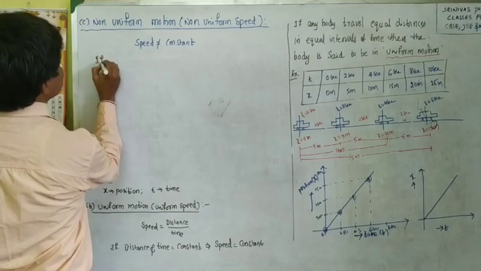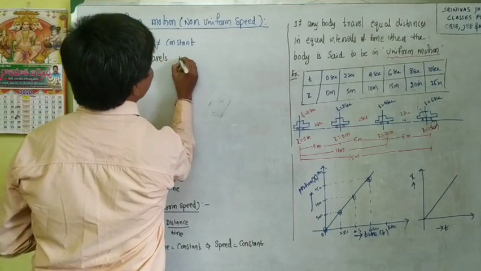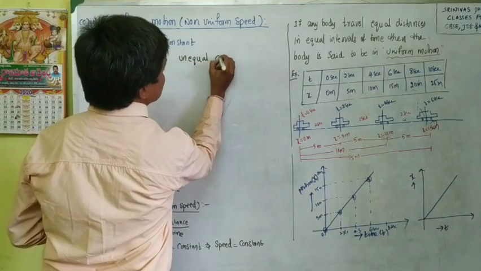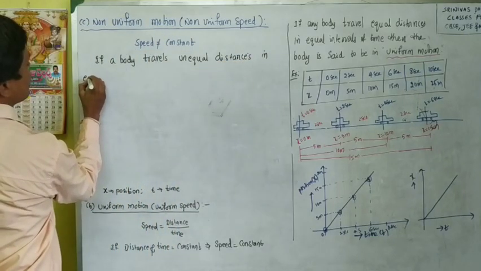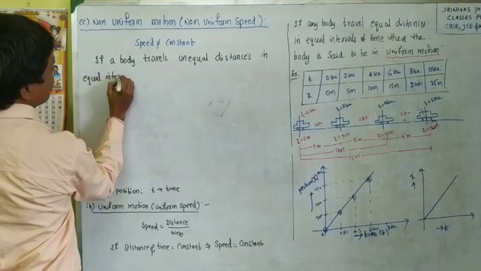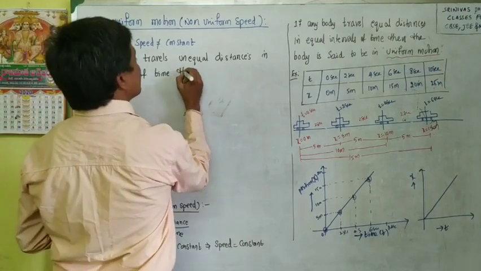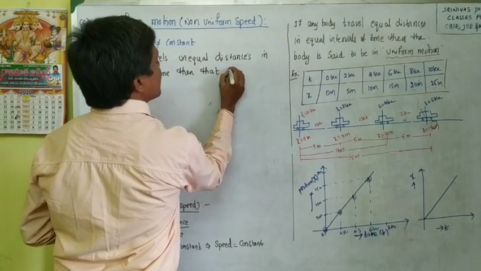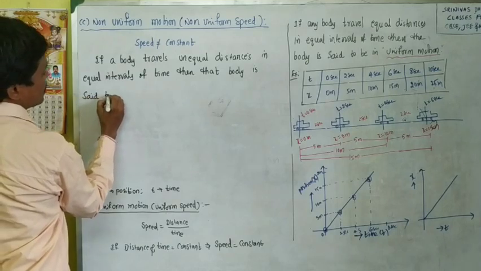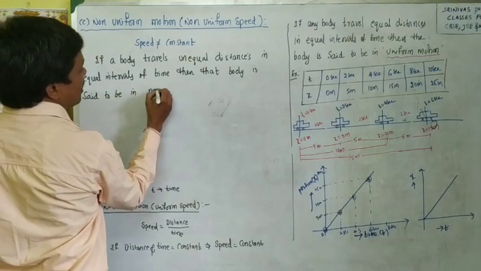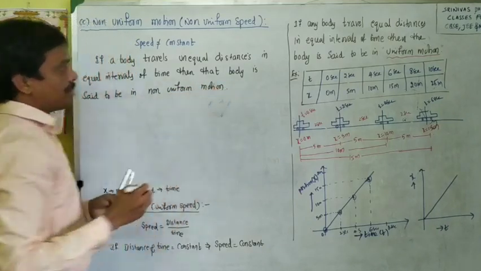If a body travels unequal distances in equal intervals of time, then that body is said to be in non-uniform motion.